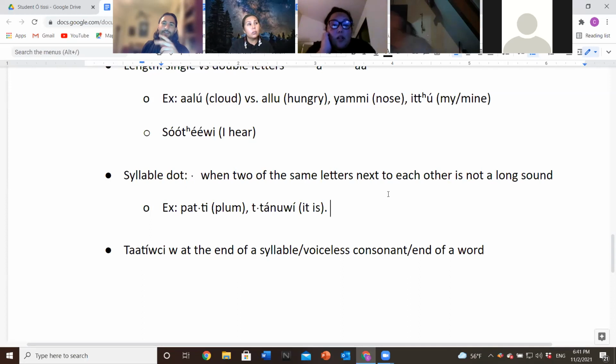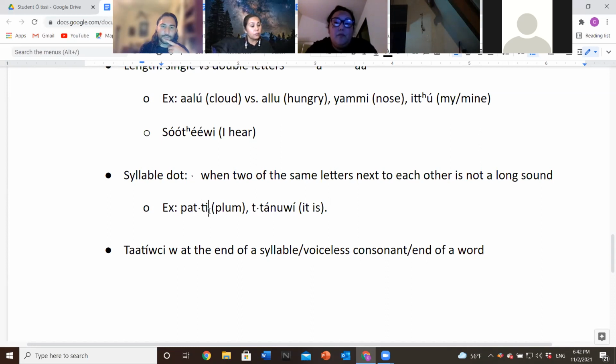This is when there are two of the same letters next to each other, but it's not a long sound. Then we put the syllable dot in between them so you know it's not a long letter. It's in the middle of two different syllables, which is why it's called a syllable dot.